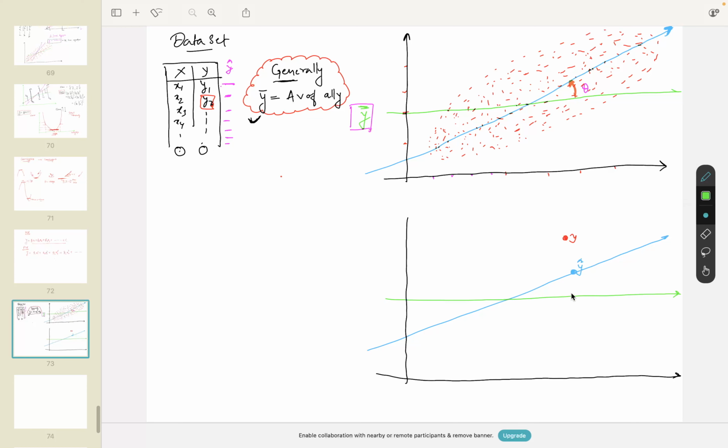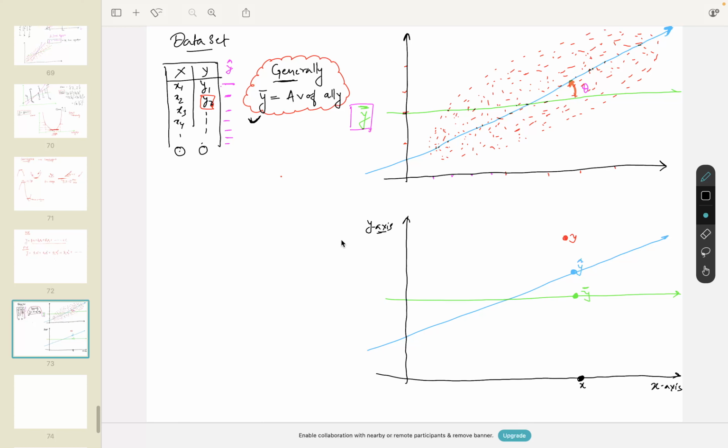And this is your average, the y average line. This is your x axis, and this is your y axis.